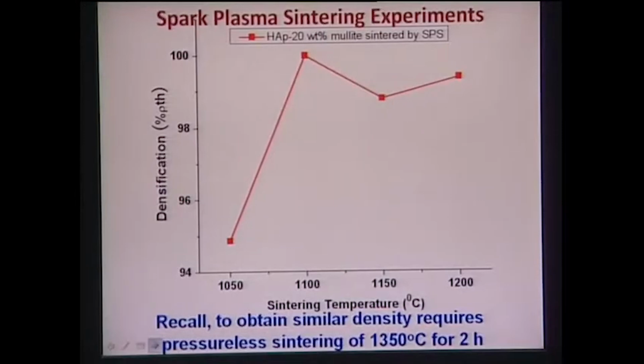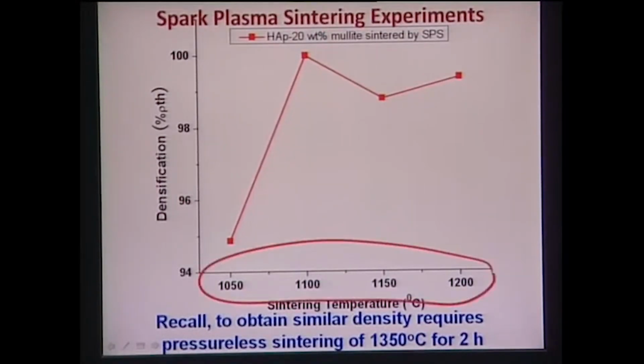Now, we have done experiments from 1000 to 1050 to 1200 degrees Celsius, and what you see is that at around 1100 degrees Celsius, we can get roughly 100% theoretical density.